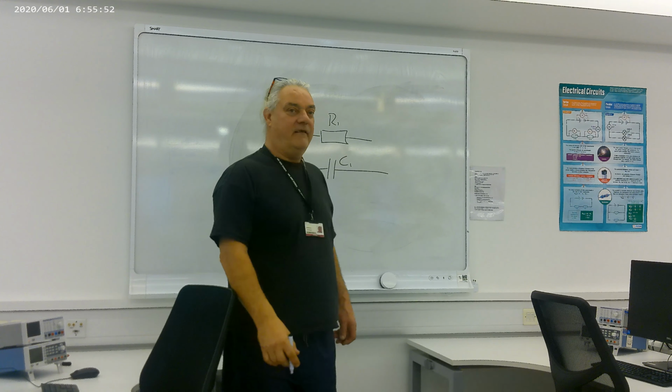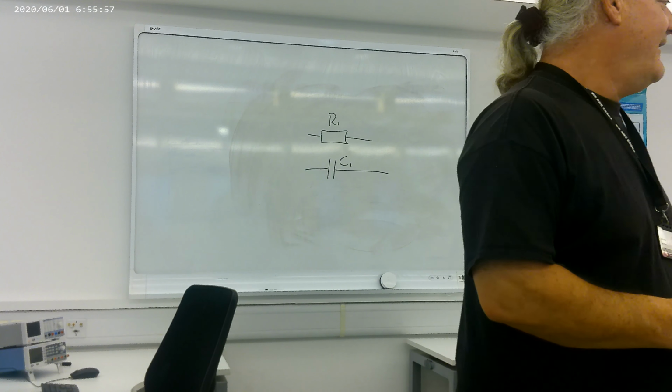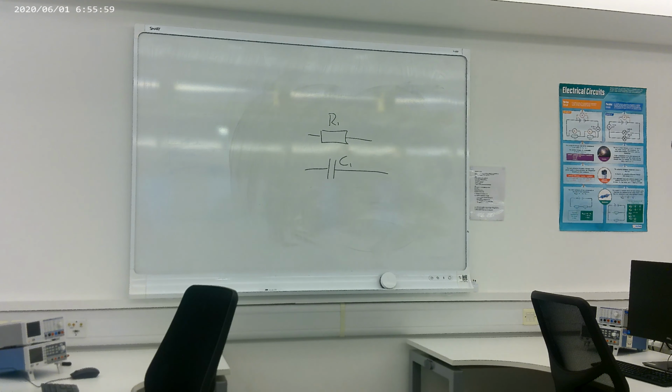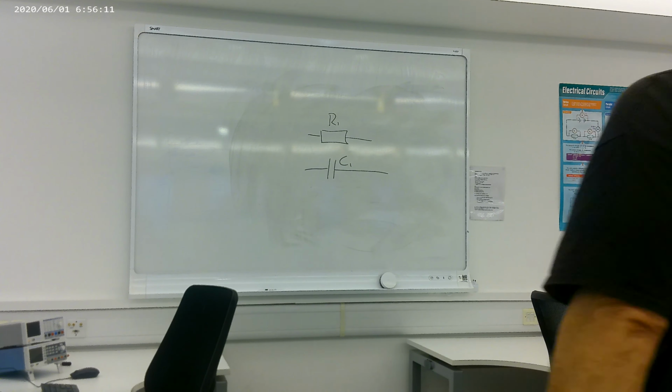What's the resistance of that? What's the resistance of the one on the bottom, the capacitor? Well, it doesn't have a resistance, it has an impedance. Good answer. It has an impedance in AC. It doesn't have a resistance.